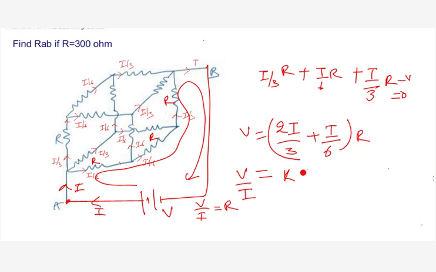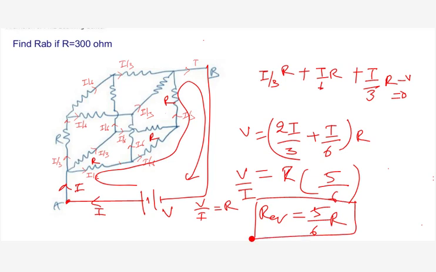Did you get it? Or shall I repeat it? Everyone should understand the logic behind it. Once you know the logic, it's straightforward. I just used the logic that the current is getting equally divided. This is called the property of symmetry.